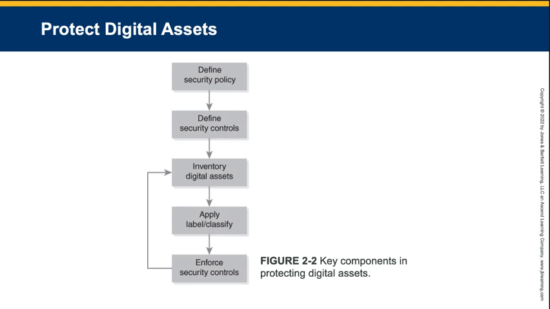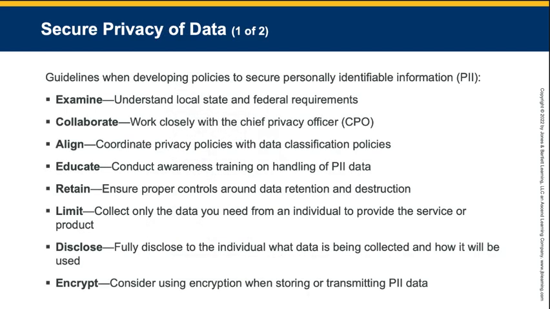So next we take a look at some guidelines for secure privacy of data. Here we have, this is according to PII, or personally identifiable information. For example, examine the local and state or federal requirements, collaboration with the CPO or Chief Privacy Officer.